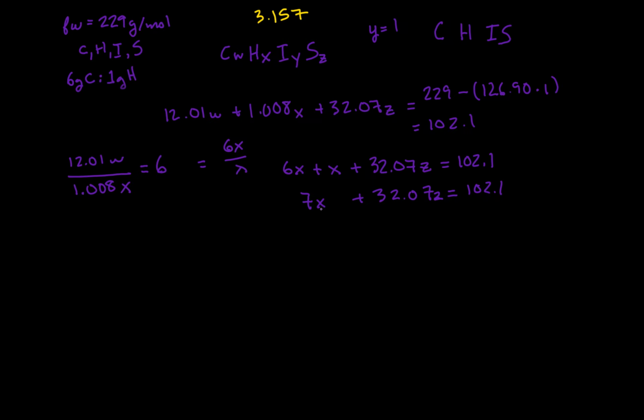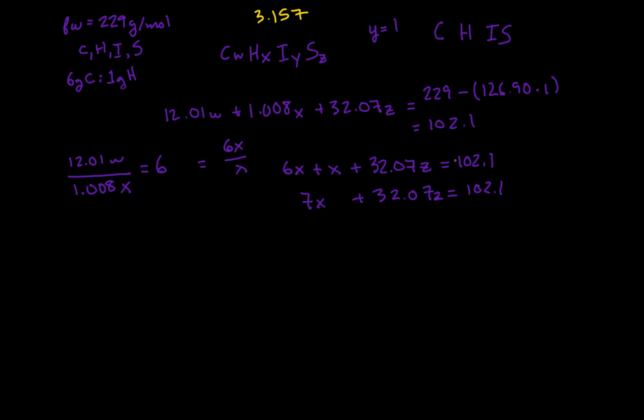We can see here that we're going to have to divide this by 7. Either we're dividing this by some multiple of 7 in order to leave a result that is divisible evenly by 32.07, which is difficult, or we subtract some multiple of 32.07 to leave something that's divisible by 7.